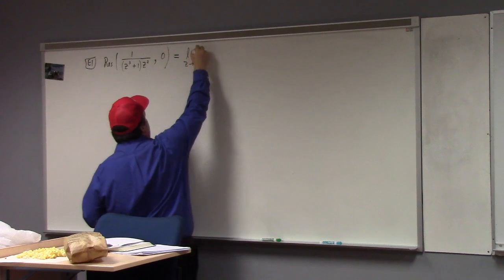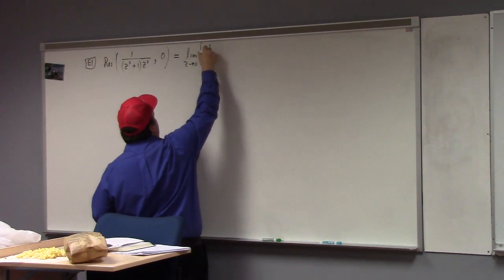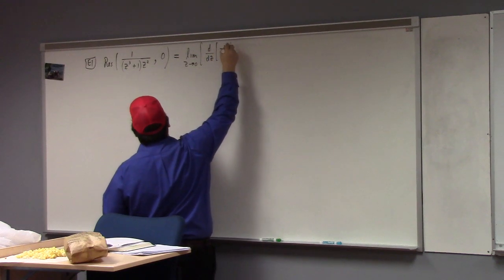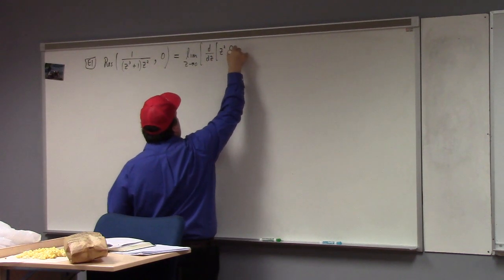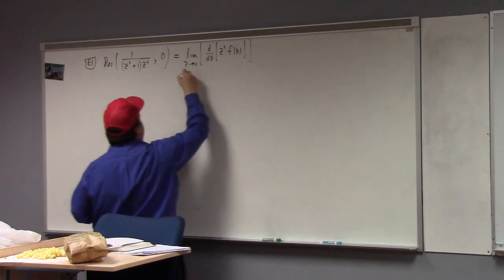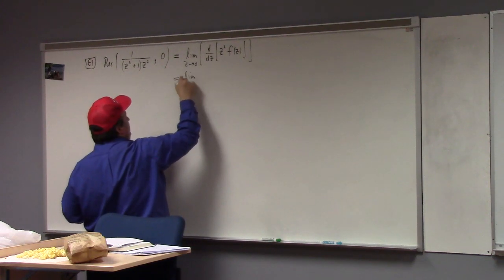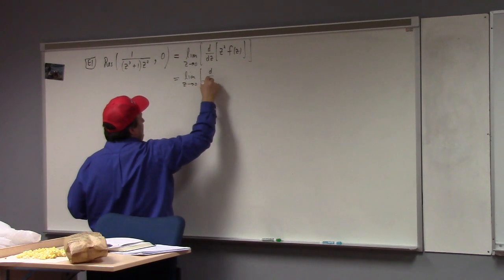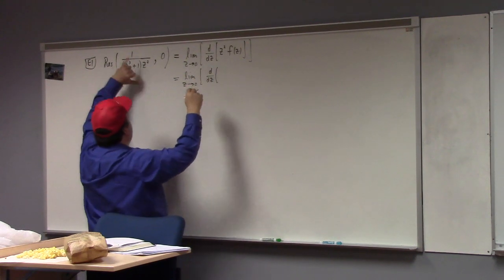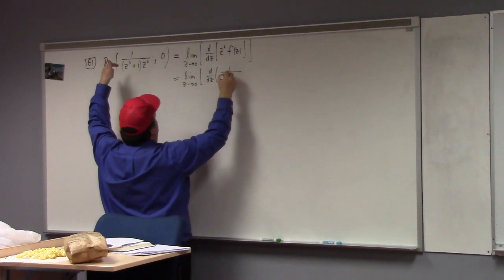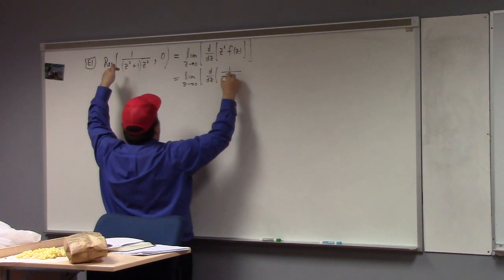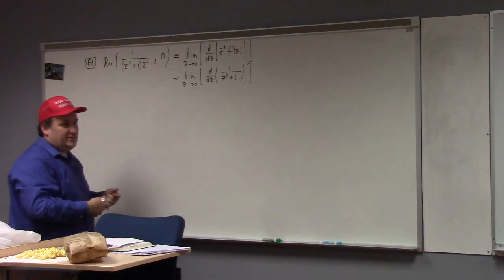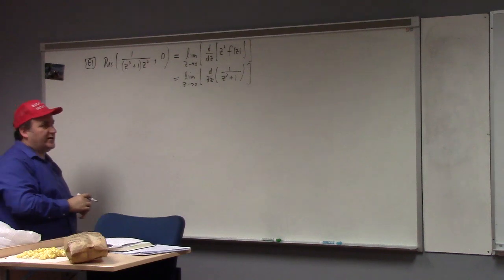The limit as z goes to 0 of d dz of z squared times f of z, right? So rather than actually writing that down, I'm going to write down the thing we differentiate. The z squareds cancel, and you'll get 1 over z cubed plus 1. When you look at the proof of these things, it doesn't seem like it should accomplish anything, and yet it really does, right?